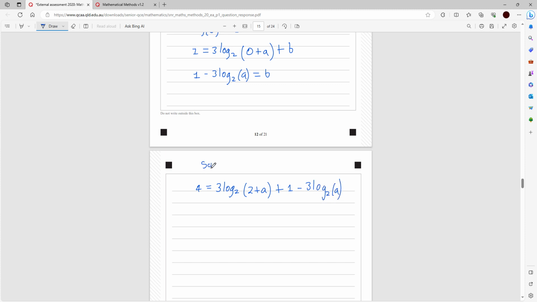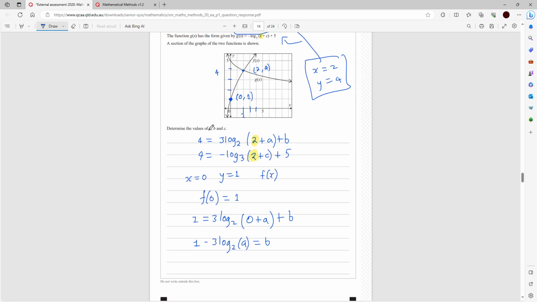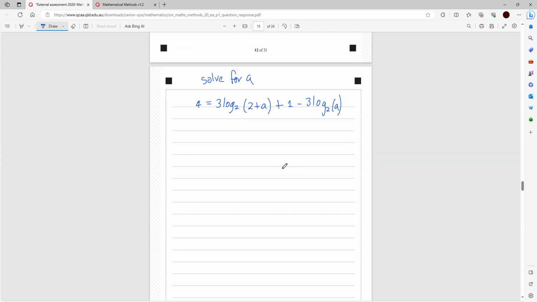Now we just have to solve for a. Once we find that, we can substitute it back in here and then we'll have b, and then we can eventually work out c. As you can see, c is actually probably the one you would find first. I've just decided to go the longer way and get the other two out of the way first. You can just rearrange it and find c straight away, but let's just do this first.